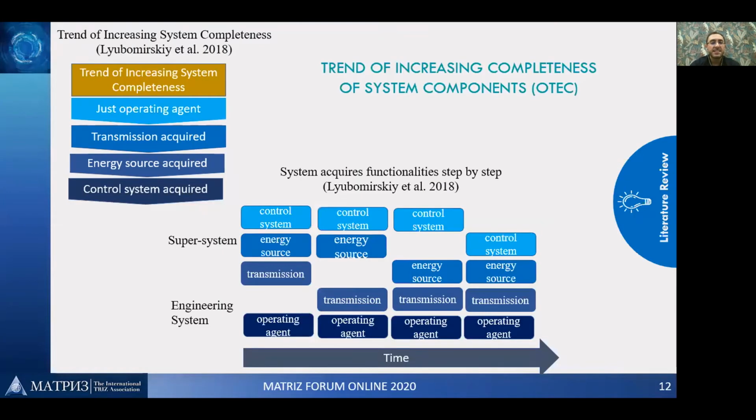The trend of increasing system completeness includes four subtrends, which are operating agent, transmission, energy source, and control system, which in short we call OTEC. In the next diagram, as you can see, as time goes by, the functionality of the system is improved.